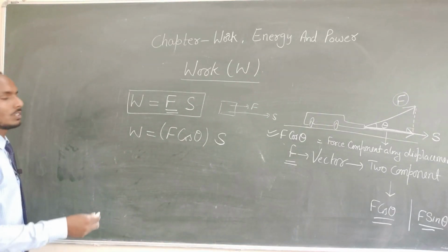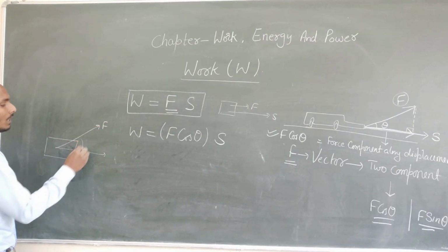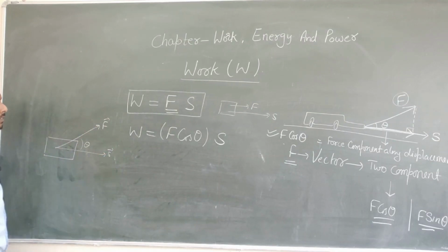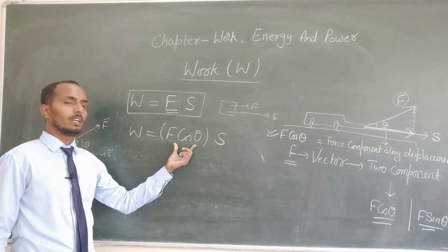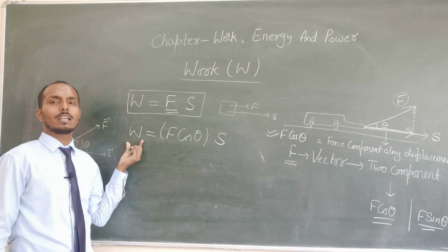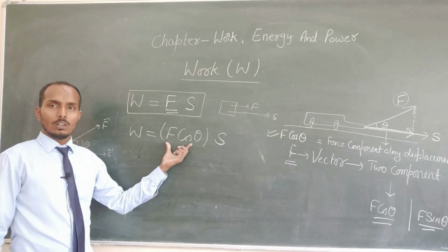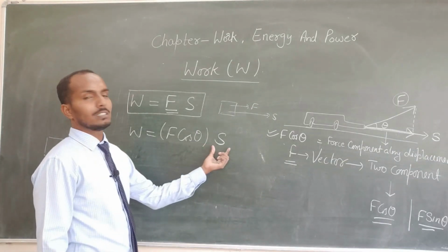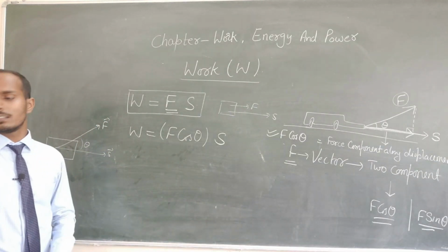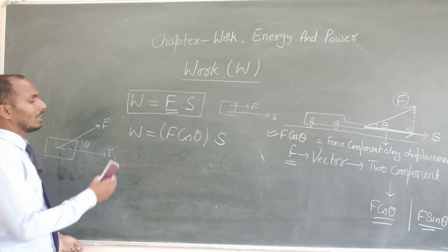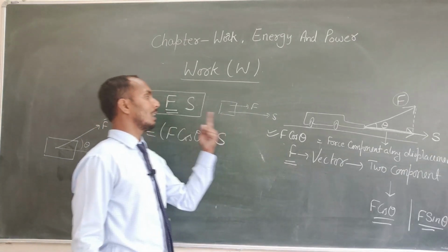In the general case, you apply a force F at an angle theta with the displacement, and work is the product of the force component and the displacement. So in this way you explain the term and write down the formula.